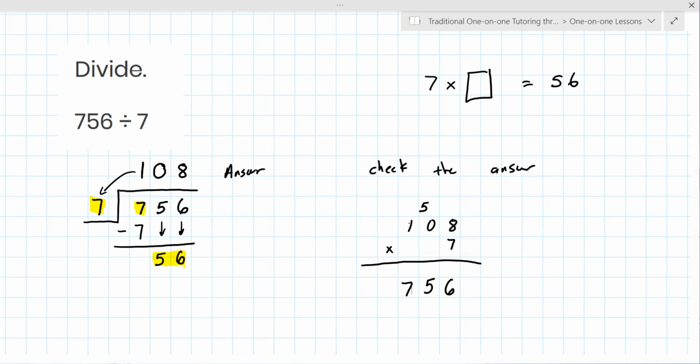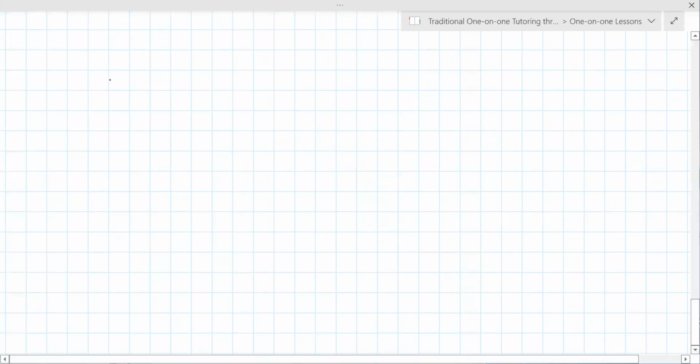All right, let me pull up a next question for us to look at. Actually, I'm going to make this one a little bit easier. So we're going to take 824 and divide it by 4. So 4 goes outside the house. 824 goes inside the house.